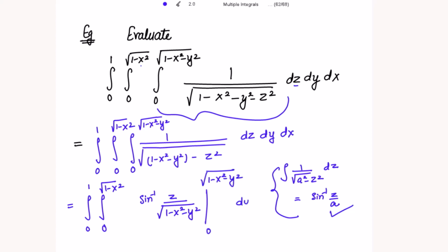And then I'm having dy dx. Is it okay? Alright. So first putting this upper limit, these two will be cancelled out, and sine inverse 1 is pi by 2.